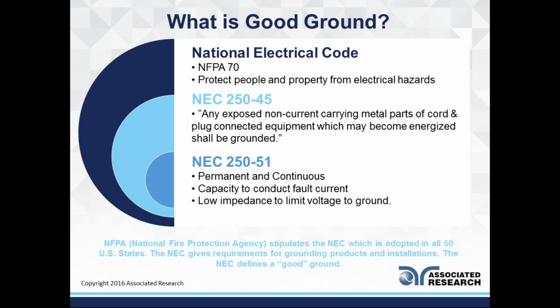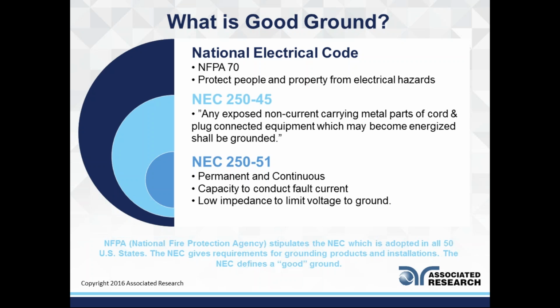So NEC 250, expanding on that, -51, it's permanent and continuous. Continuous meaning the path is a full loop. It has the capacity to conduct fault current, so obviously we want it to be conductive, and low impedance. The lower the impedance, the better.